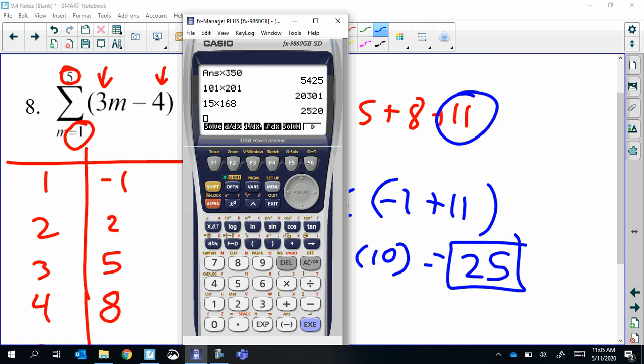And we're looking for sigma. It's right there. Now, this particular calculator is a little bit upgraded. It's the 9860. It's not the bottom line, so I'll show you how to type into those too. But this one just pops up with the boxes, which makes it a lot easier to type in.